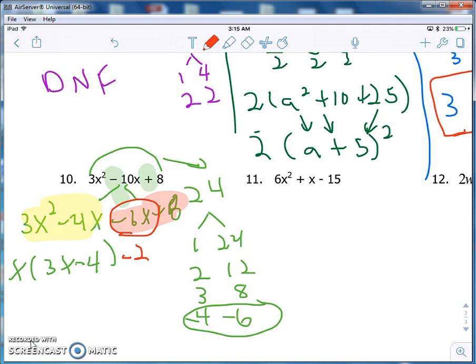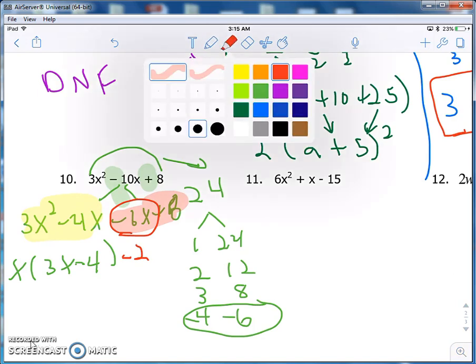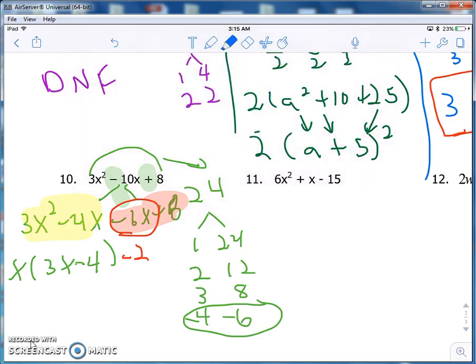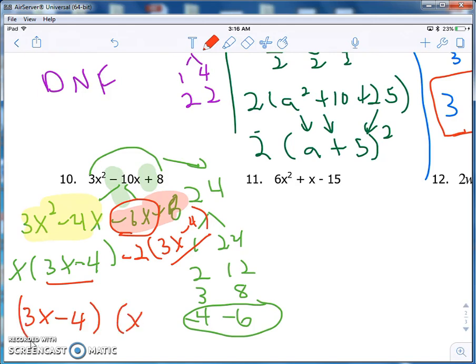Negative 6 divided by negative 2 gives me 3x. 8 divided by negative 2 gives me negative 4. Now we have a common parentheses of 3x minus 4. And the other parentheses is the leftovers, x minus 2.